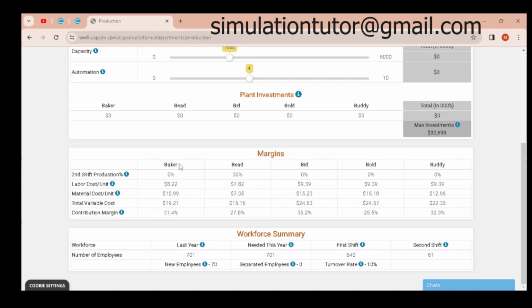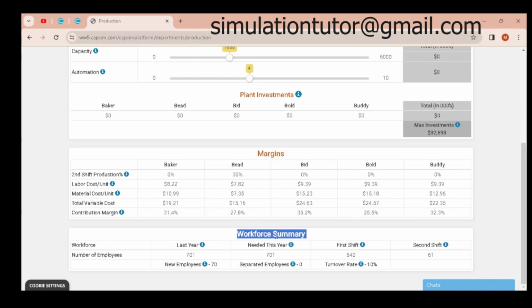Remember that each product comes from its own segment. So the low end segment has its own product, which is Bid, and maybe the contribution margin is 27.8 in the company. So all products have their own contribution margin.